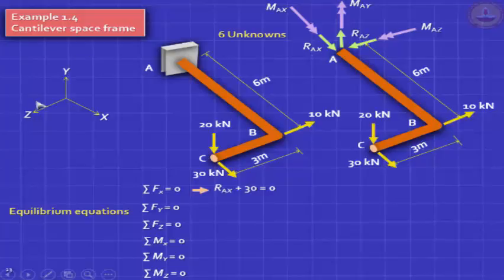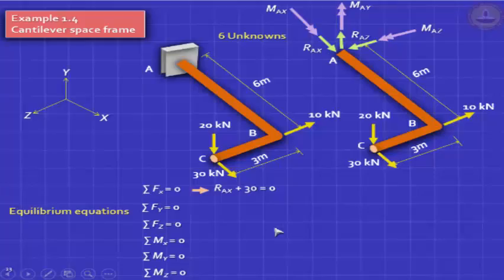In the x direction, you have 3 loads here. This is pointing in the x direction. Your reaction Rax is also here. Sigma Fx equals 0. Someone's given all the answers. Which college? GCT Coimbatore. Great.